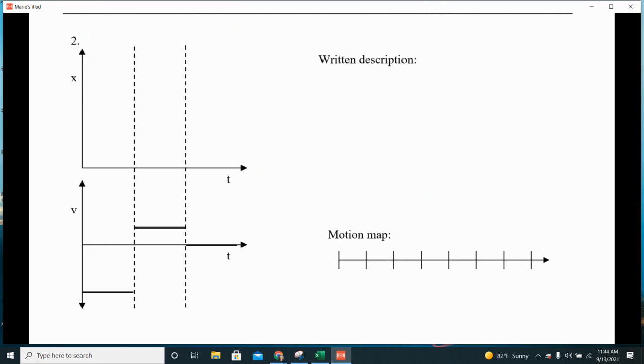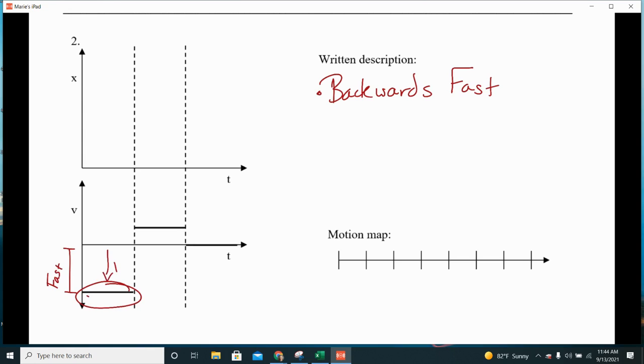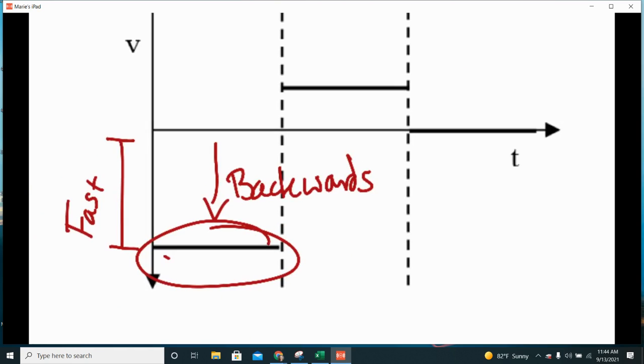So I'm going to start by going backwards fast. And I know that because it's below the horizontal axis and it's far away. So the bigger this is, that means it's fast. And it's backwards because it's down here. Then during this next part, now it's going up.